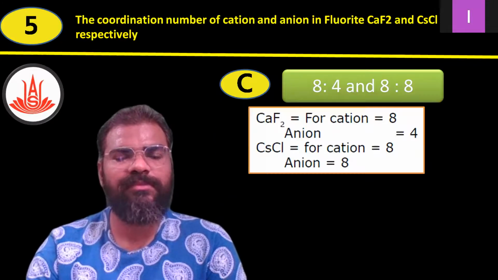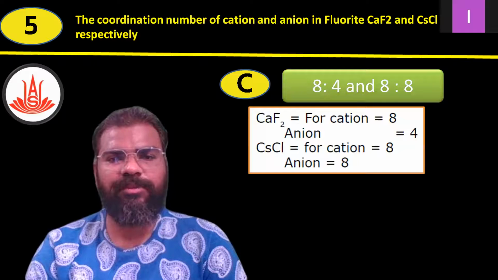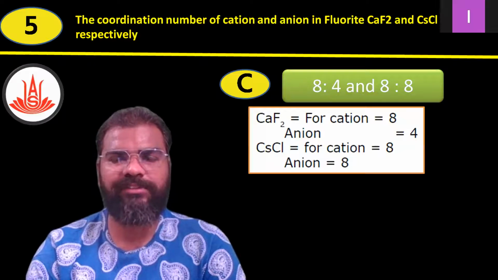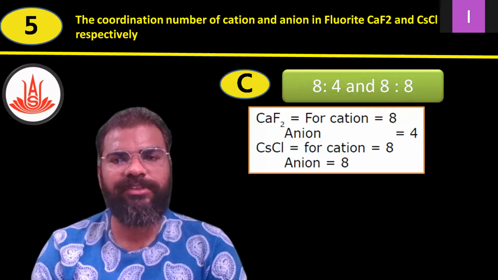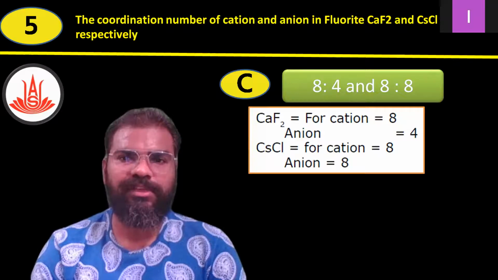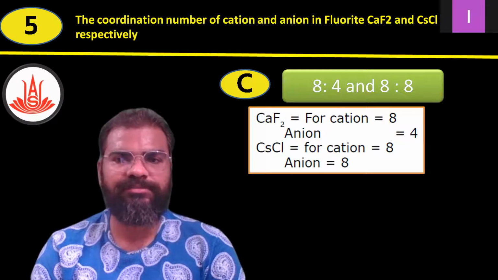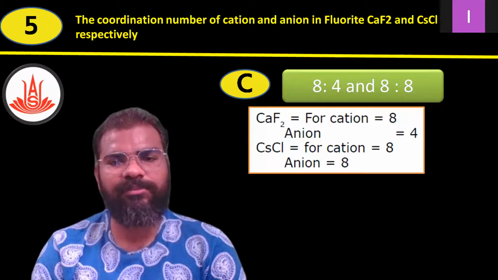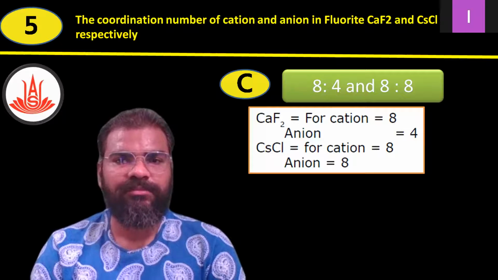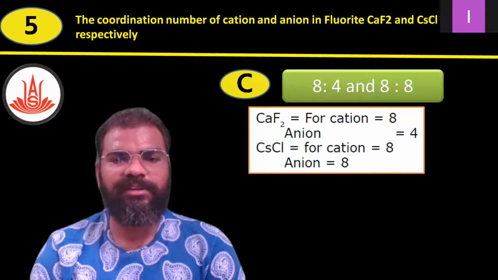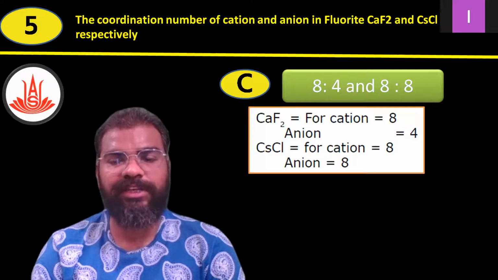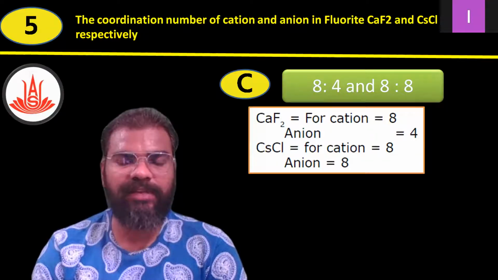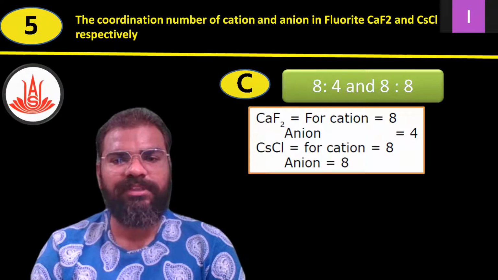Now here the coordination numbers of cation and anion in fluorite and CsCl: in the case of CaF2 it is 8 is to 4, and CsCl, that is 8 is to 8. How? In CaF2, for the cation, it is 8, so the number of anions would be half of that, that is 4.